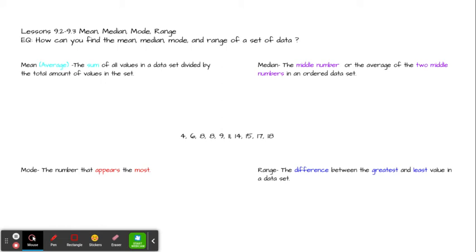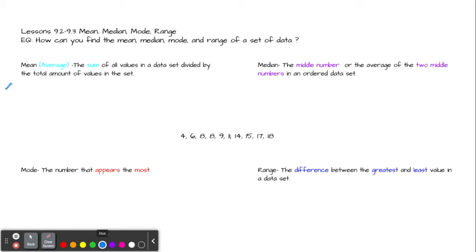So now let's look at some examples. So let's start with mean. So we have our data set, and it says the sum of all the values in the data set. So let's do the sum of all the values first.